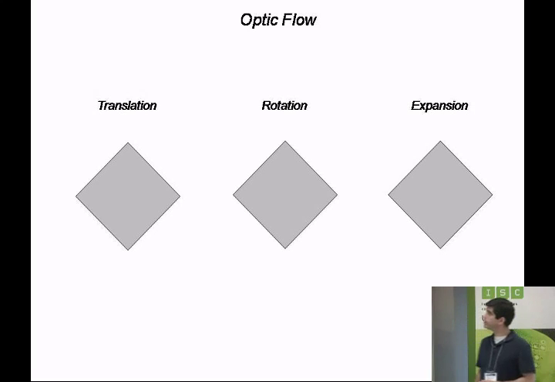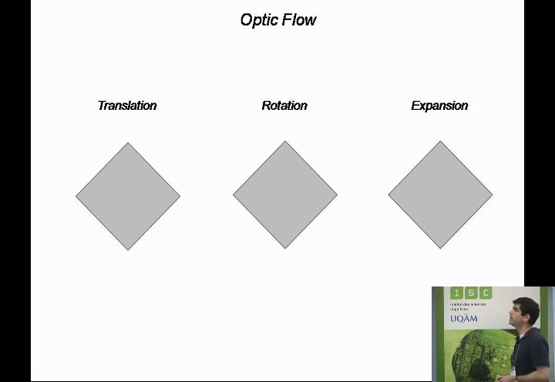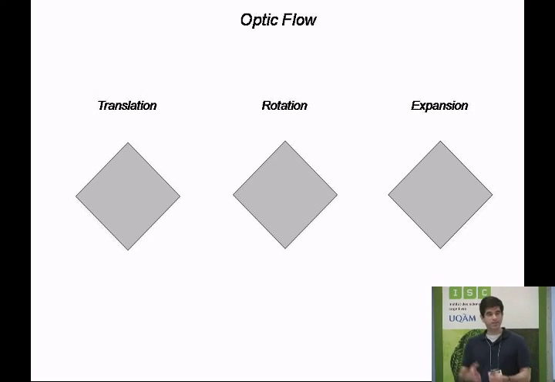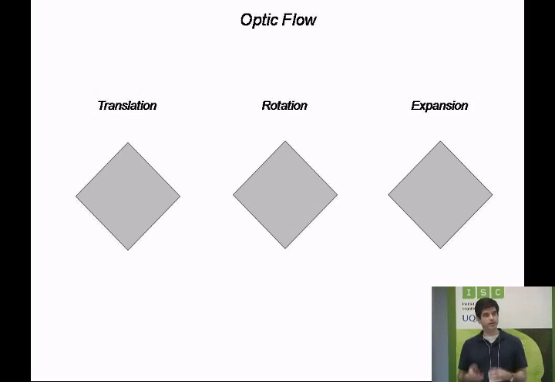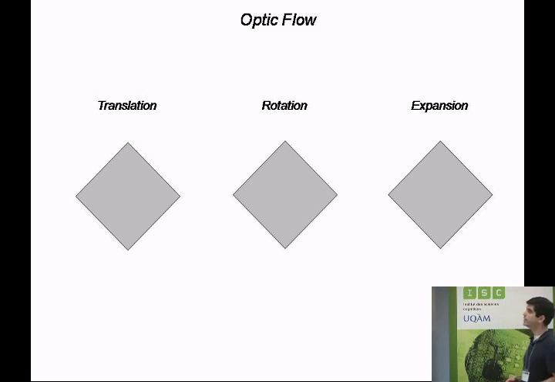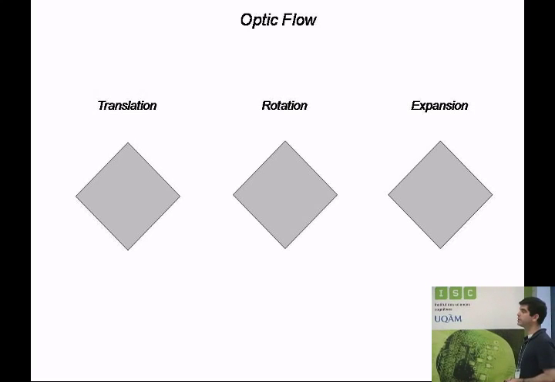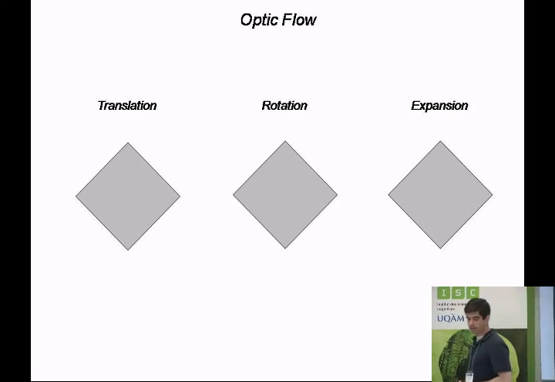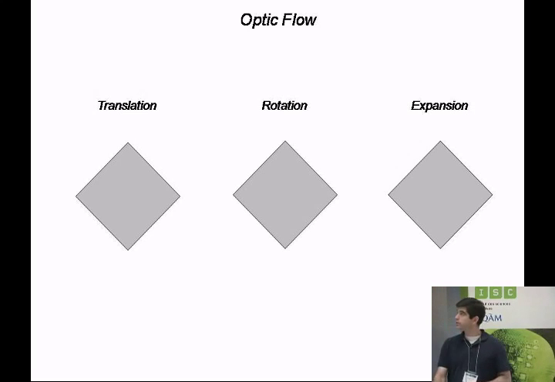Expansion, which is probably the most primal stimulus you can imagine. Something that's moving towards you and getting bigger and bigger is really the one thing that will light up a lot of your dorsal visual pathway and initiate interesting behaviors. So these are different kinds of optic flow.